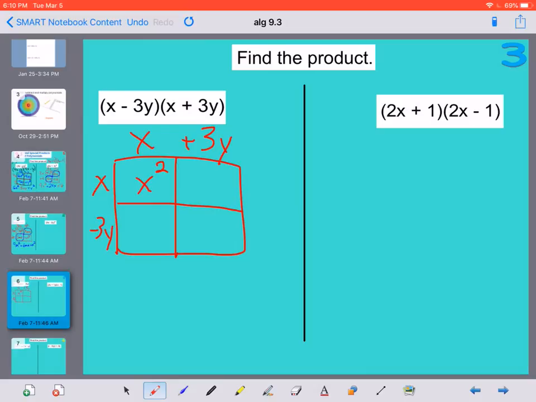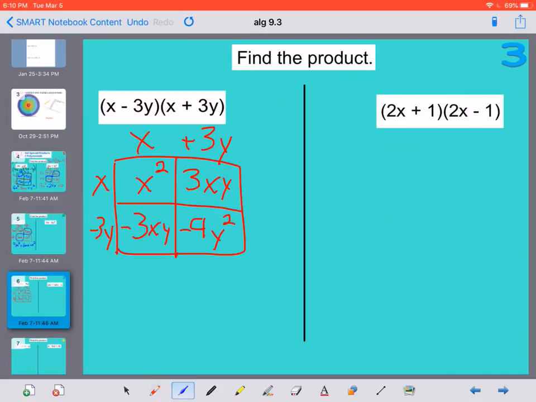X times 3y is going to be 3xy. Negative 3y times x, this time it's going to be negative 3xy. And negative 3 times 3 gives me negative 9y squared.